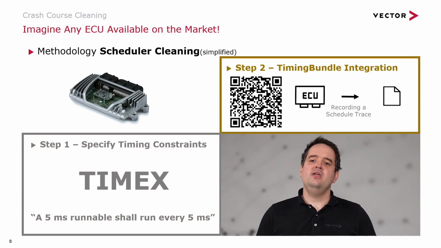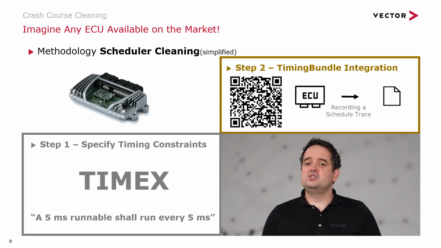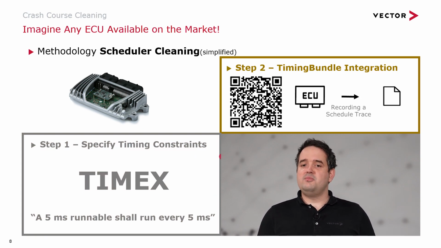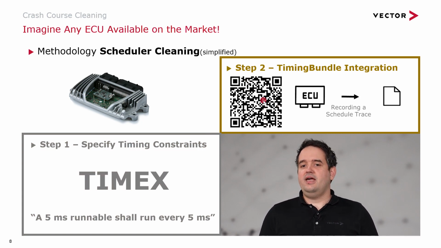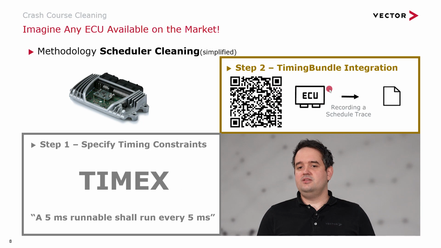As step two, you follow up with a timing bundle integration. You can get these timing bundles offered by Vector accessing this link and integrate this on your ECU. This is an enabling package for you to be able to record a schedule trace.